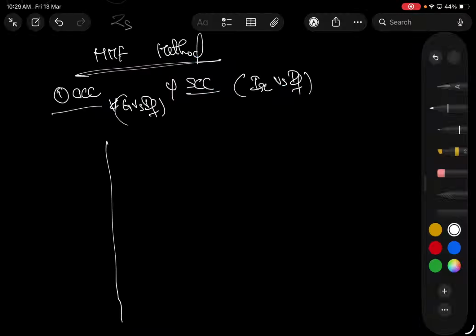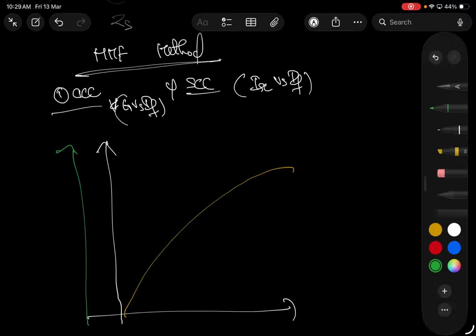So first, draw the OCC characteristics. Here this is E0 versus IF, and this is ISC versus IF. Sometimes you can also represent this on the other side.